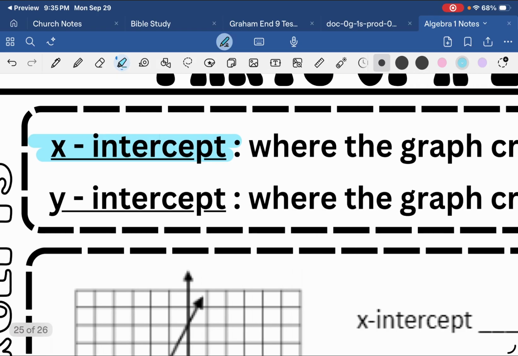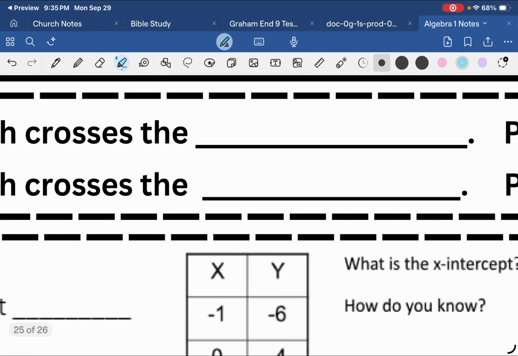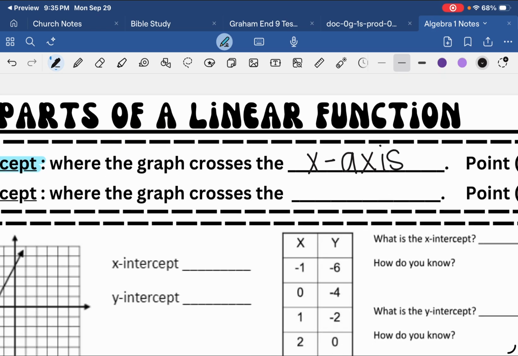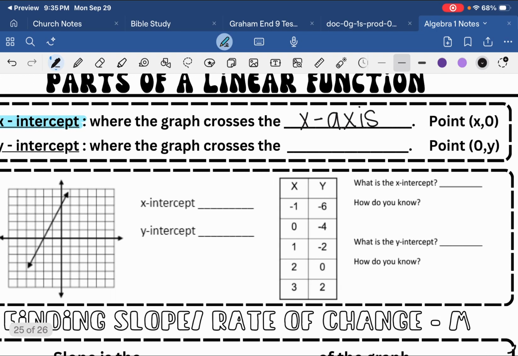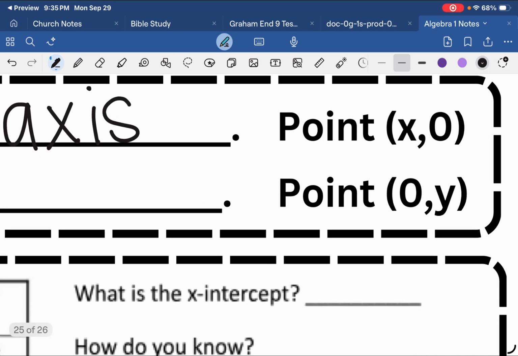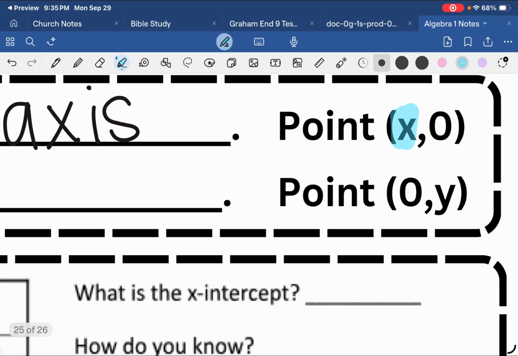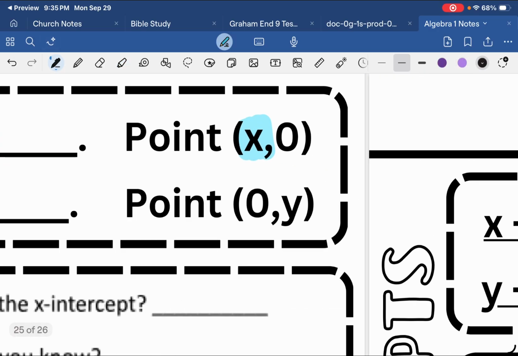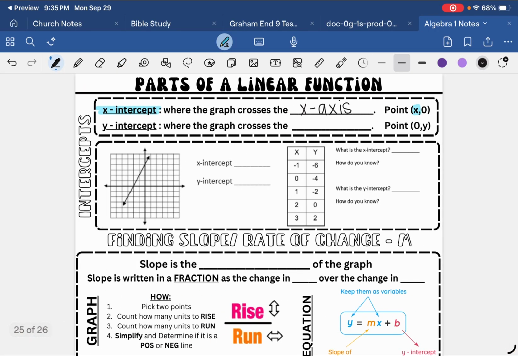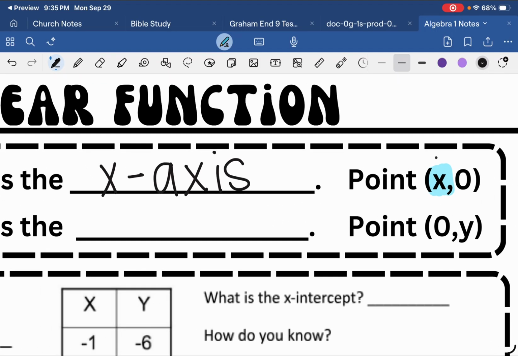So, an x-intercept is where the line crosses the x-axis, because it's an x-intercept. And that point is always going to be a number, comma 0, meaning that y is always 0.